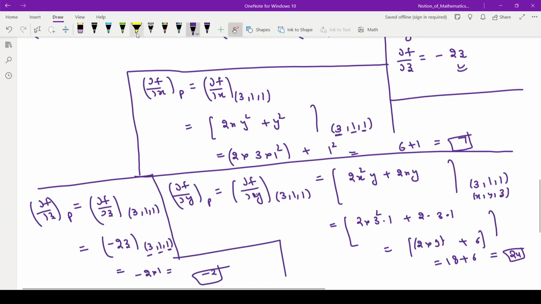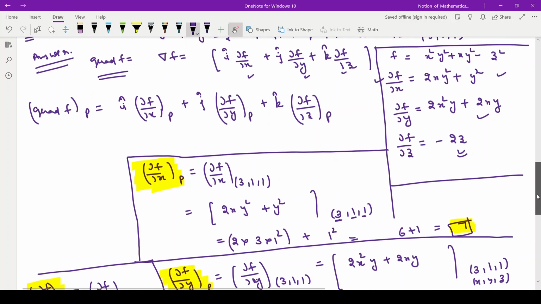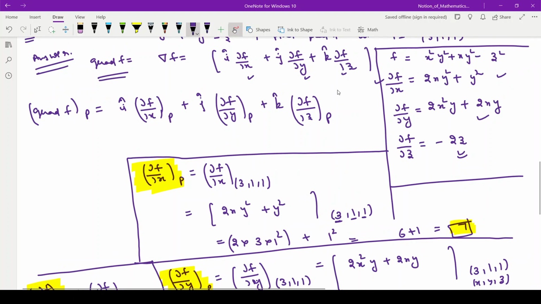So I have all the required values here: partial f by partial x at the given point is 7, partial f by partial y at the given point is 24, and partial f by partial z at the given point is minus 2. Now what we can do here is replace all these values in this particular equation, suppose it is equation number 1.